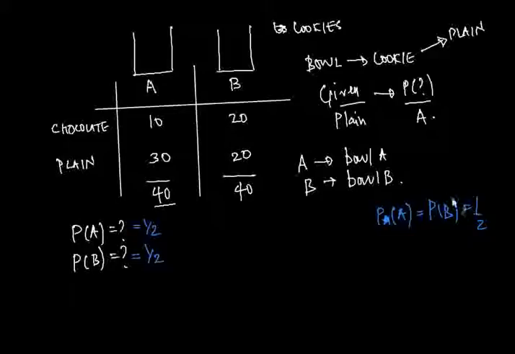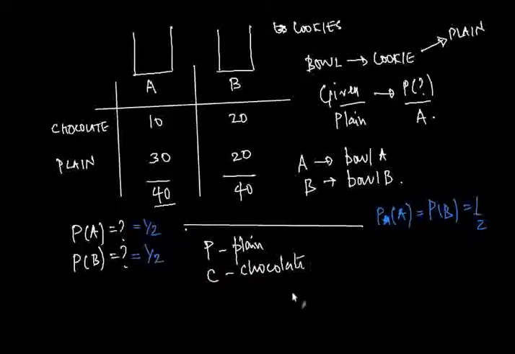Now, what are we being asked, right? So let's define another two events. P, which is the event that it's a plain cookie, and C, that it's a chocolate cookie, right? So given these two events, what probability are we being asked to calculate?